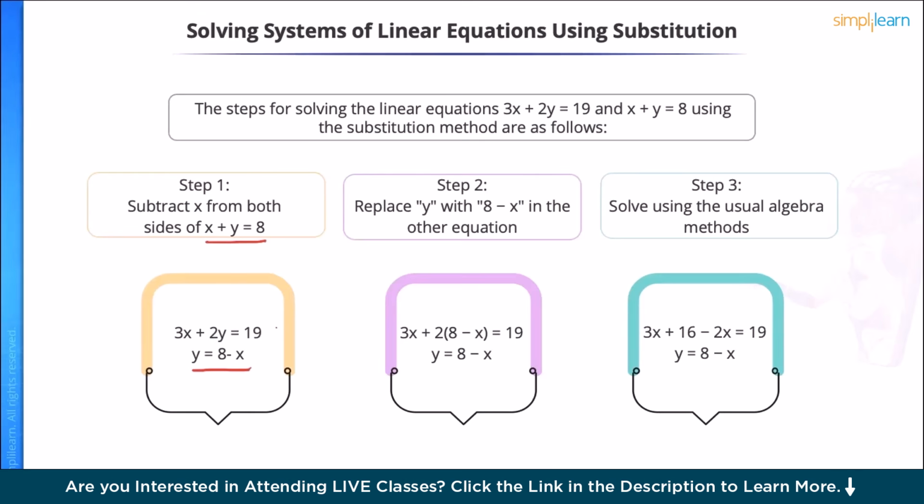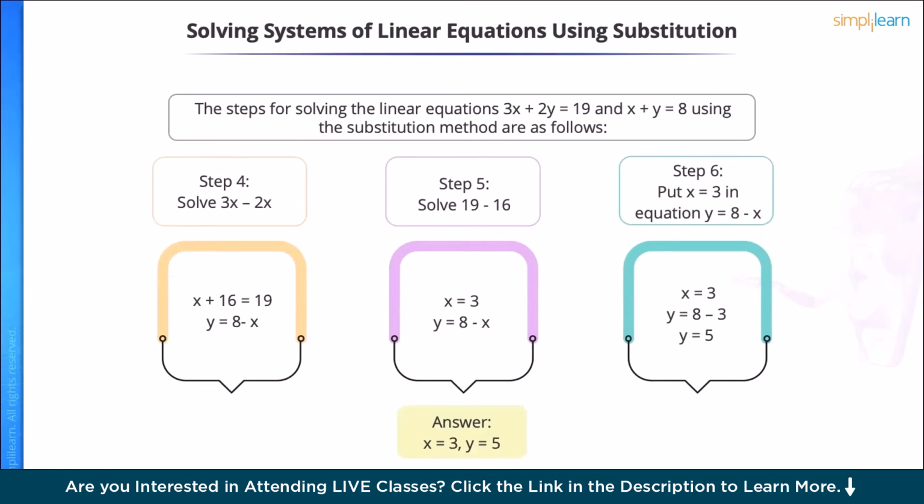Now we take the value of y, that is 8 minus x, and substitute it in the first equation in place of y. We end up getting the equation 3x plus 2 times (8 minus x) equals 19. We further simplify and solve this equation using algebra to get 3x plus 16 minus 2x equals 19.